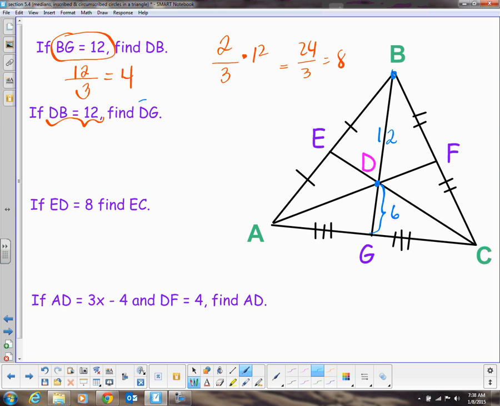So they want DG. Did we get DG? Yes. 12 divided by 2 is equal to 6. So we started with the whole segment and got the pieces. Here I started with this segment. We got this piece. What if I wanted BG? What's BG? 18.